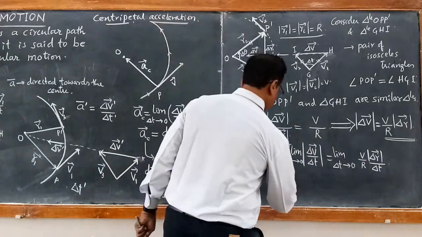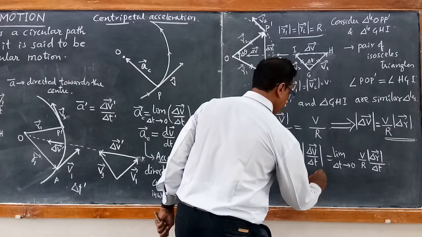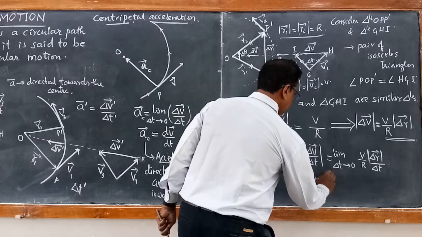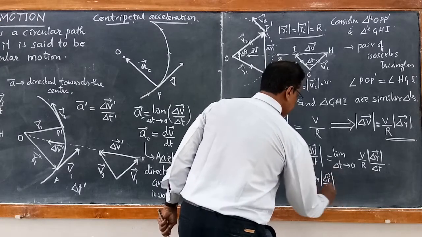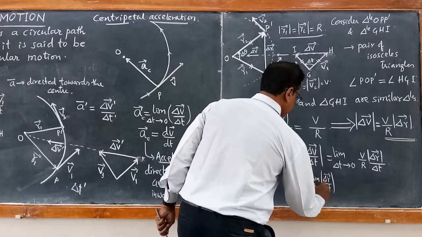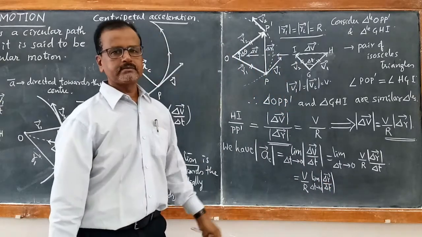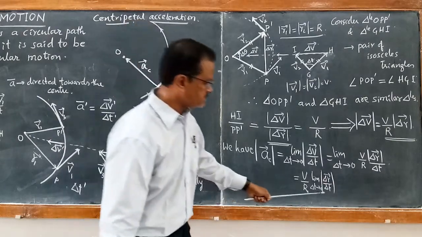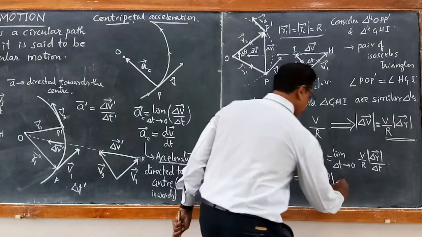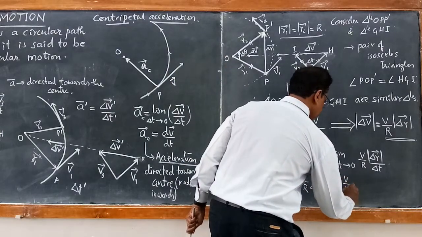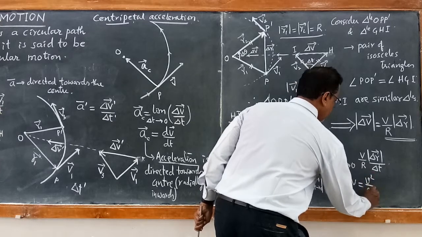So we know from the earlier equations this is nothing but the magnitude of velocity, which I will write as V itself. So it becomes V squared by R.